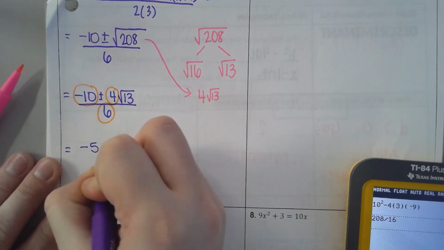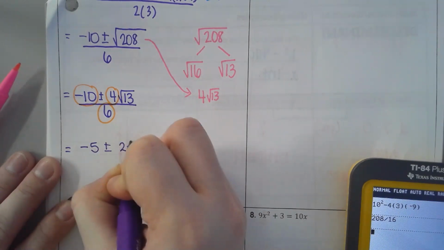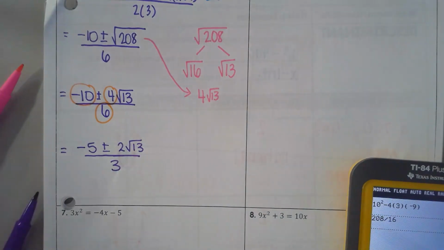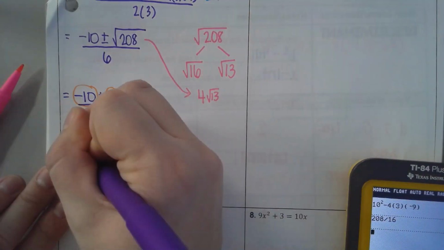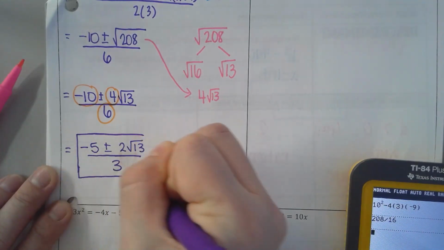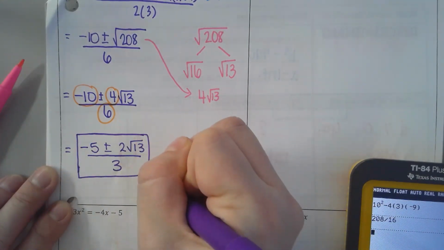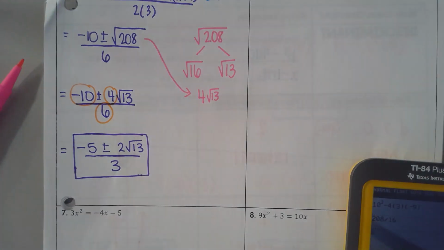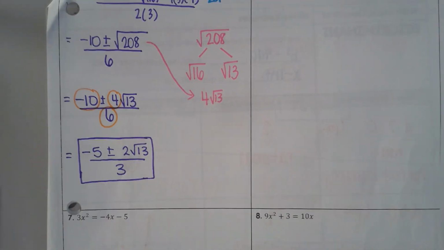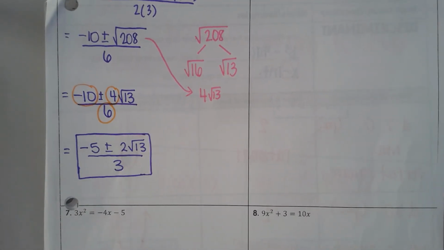Negative 5 plus or minus 2 square root of 13 over 3. And that is our final answer. Are there any questions?